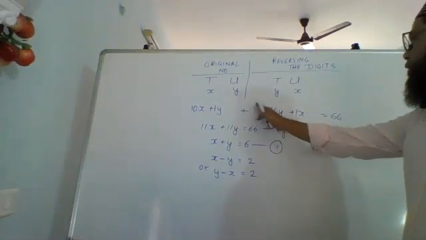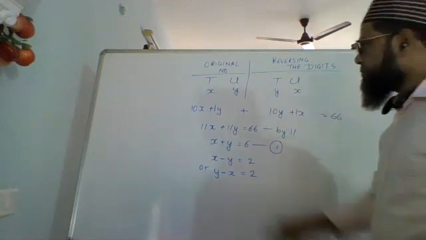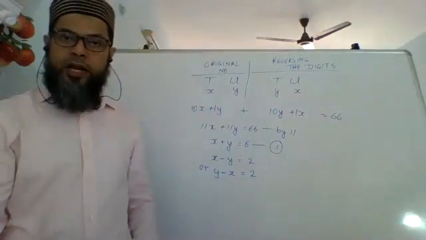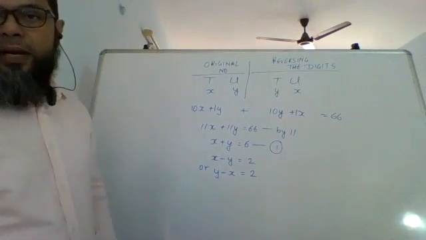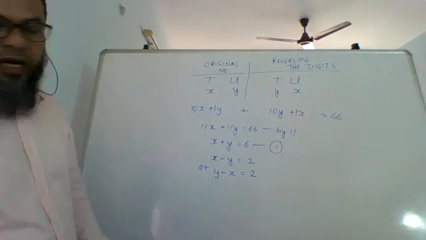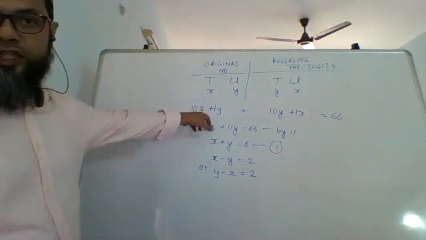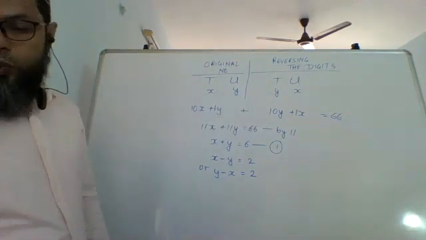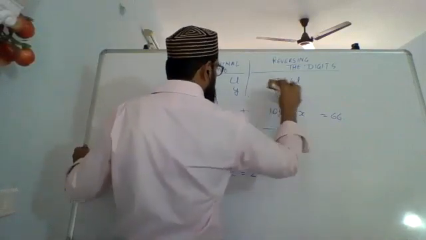So you will say the number obtained by reversing the digits is 10y plus 1x. The original number was 10x plus 1y. We had taken 10x plus 1y as the original number, and after reversing, it became 10y plus 1x.